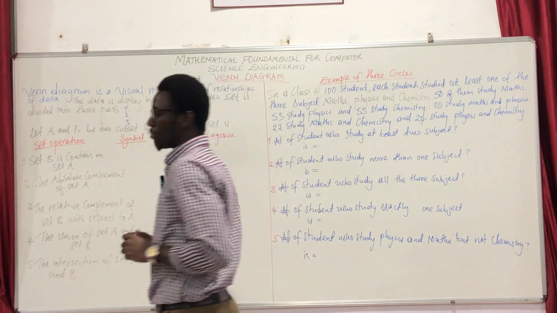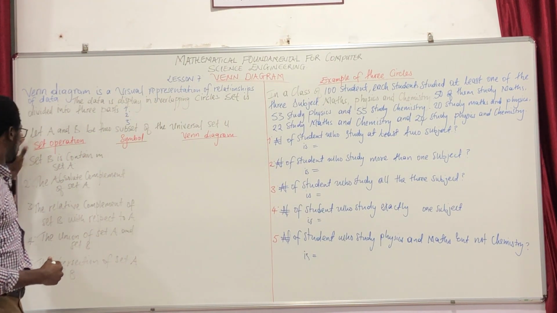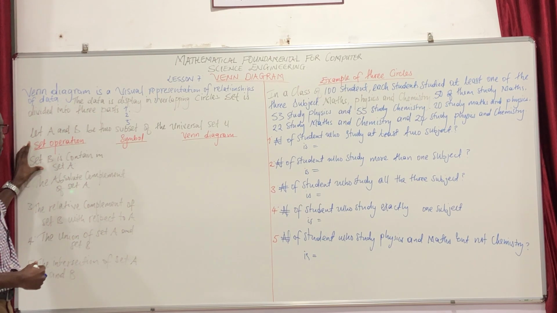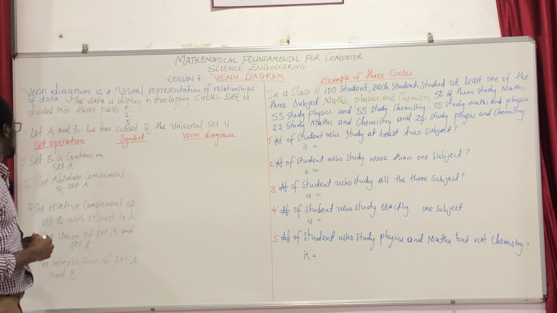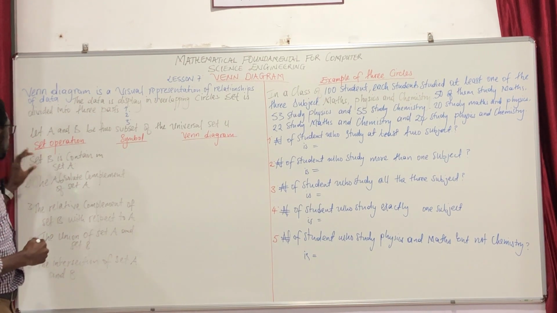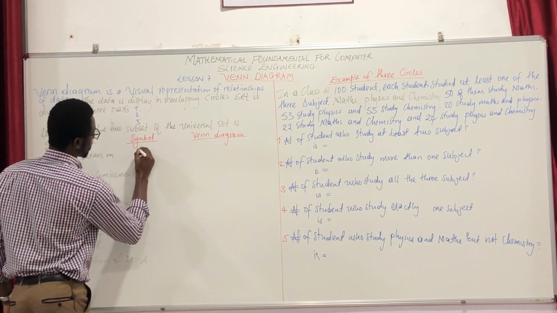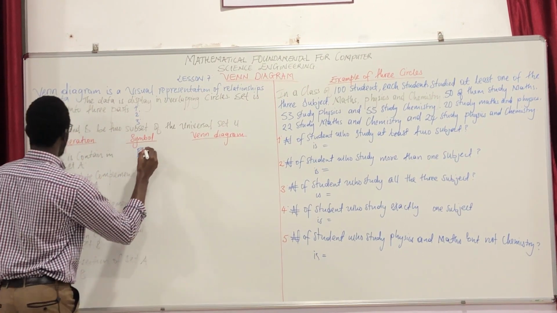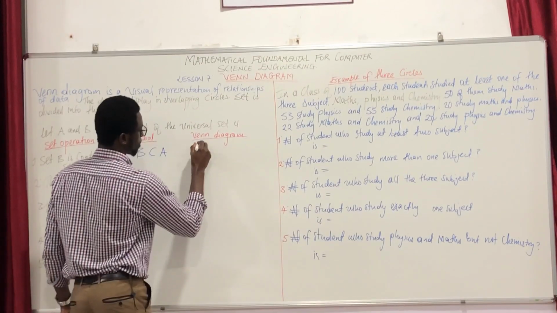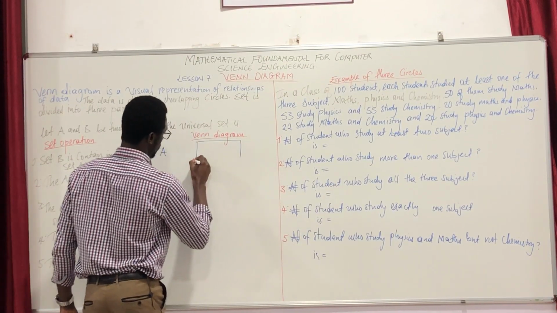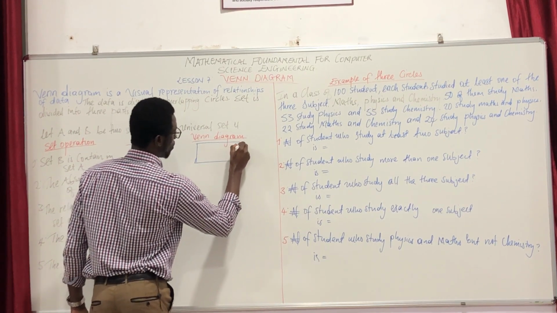So let's see here on the board. Here we have different sets of operations. The first one here is set B is contained in set A. So let's see the symbol of this one. Set B is contained in set A. So you can simply write the symbol of this, B contained in A. So the Venn diagram of this will be, so here we have, this is the universal set.